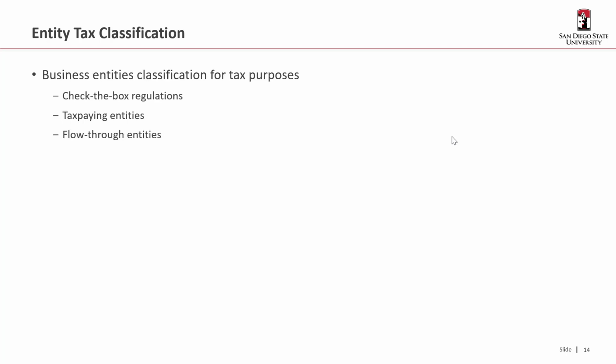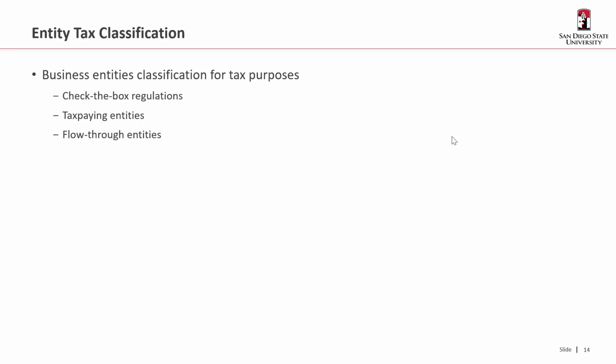All right, so let's talk about entity tax classification. So how is it you decide what's a flow-through, and how is it you decide what is a non-flow-through? So it used to be that taxpayers and their lawyers would cook up all these crazy types of entities, all these weird hybrid entities that they would want to be treated one way and not be treated another way.